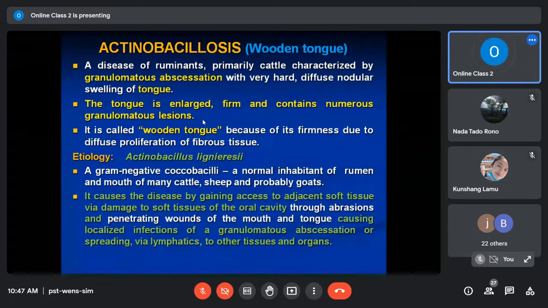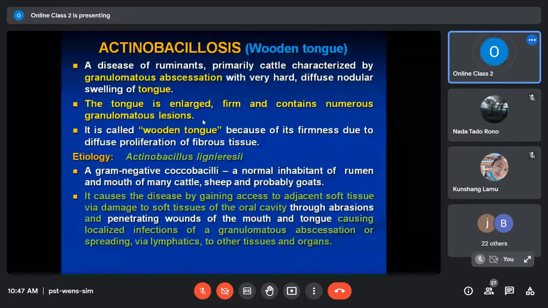This organism remains as a normal inhabitant of the mouth cavity of ruminants like cattle, sheep, and sometimes goats. But how do they enter the system and affect the soft tissues?